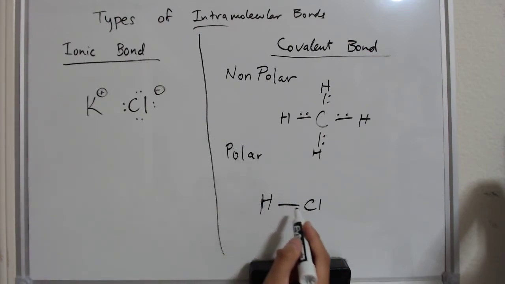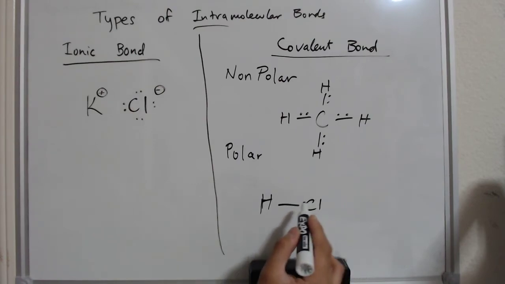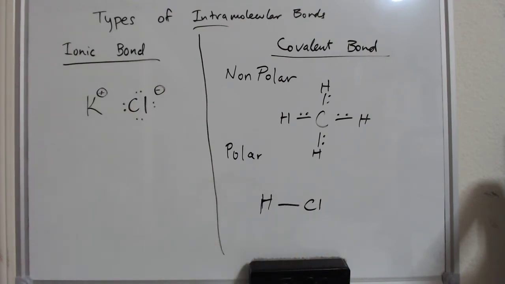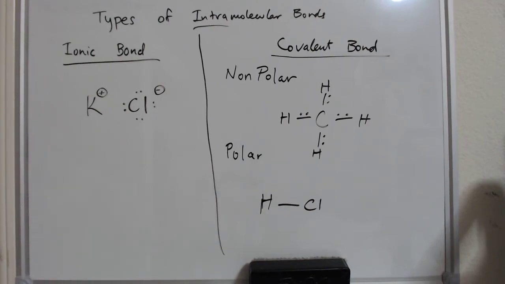Now for the polar molecule, we know that chlorine's electronegativity is pretty high, and hydrogen's does not even reach chlorine, not close. But hydrogen's electronegativity is higher than potassium's, so it can still hold on to its electrons a little bit better than potassium, so it won't give them up.